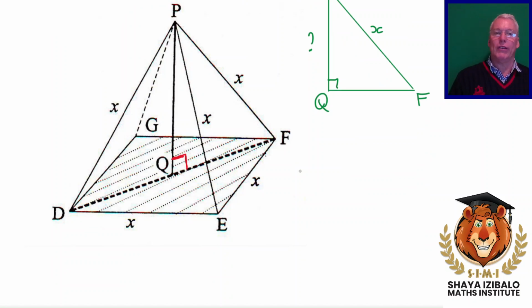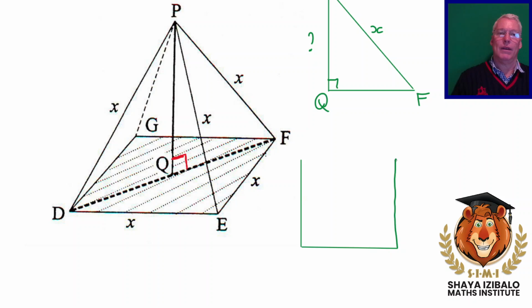We're going to draw a picture looking right down from the top, because the base is actually square. And Q is right in the middle there.